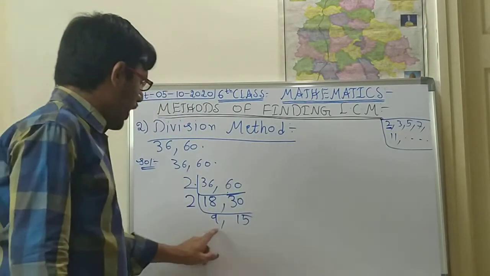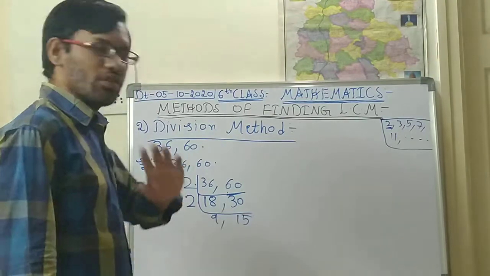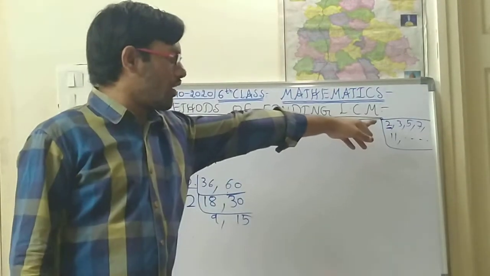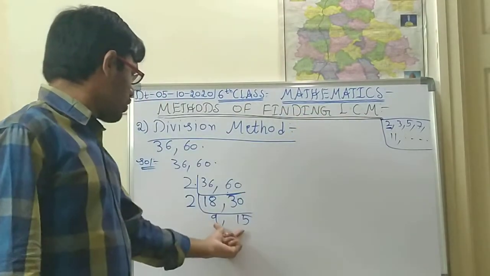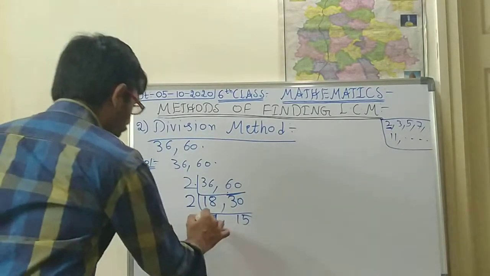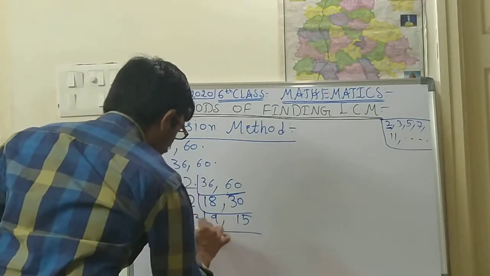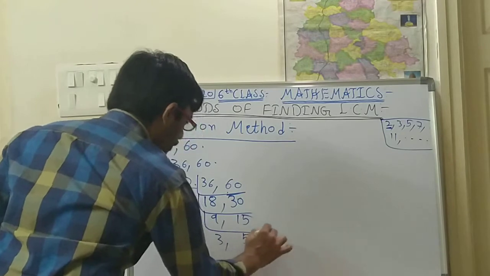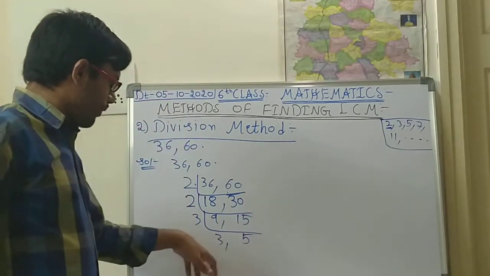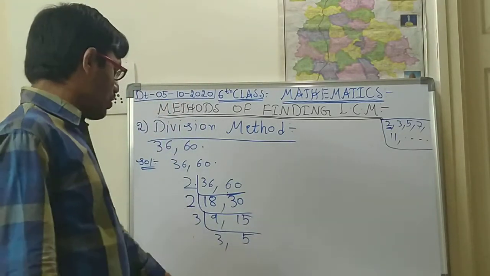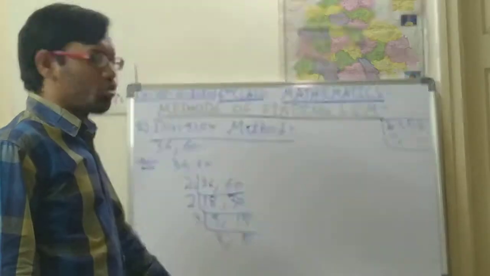Now see children, 9 and 15 are not divisible by 2. Next take the next prime number 3. These two numbers are divisible by 3, so write down 3. 3 3s are 9, 3 5s are 15. Here 3 and 5 are prime numbers. Up to how long should we do this?